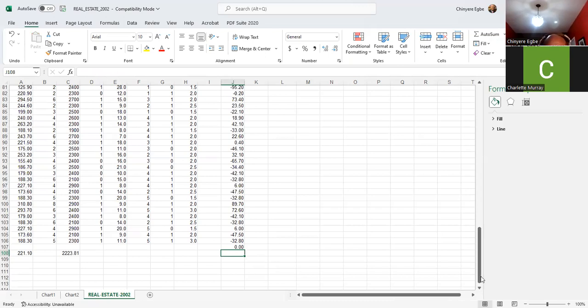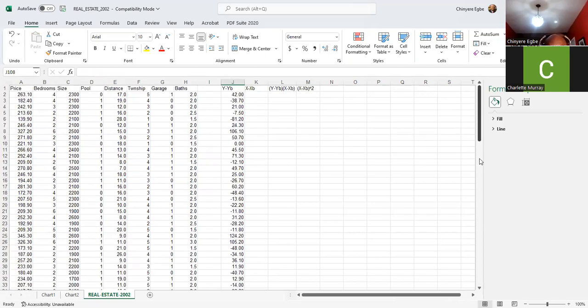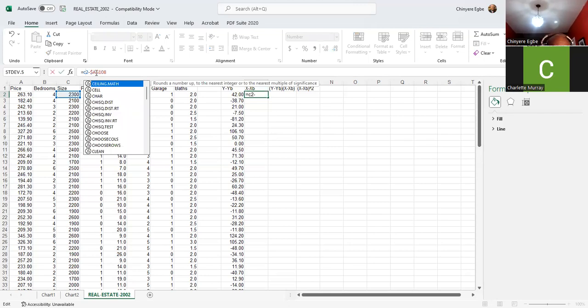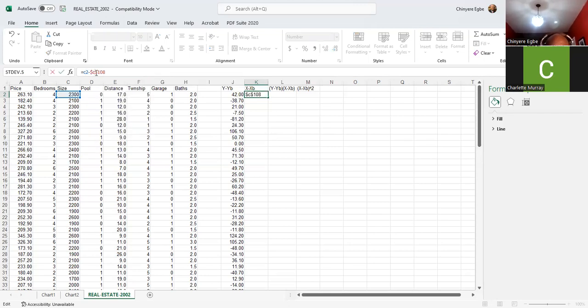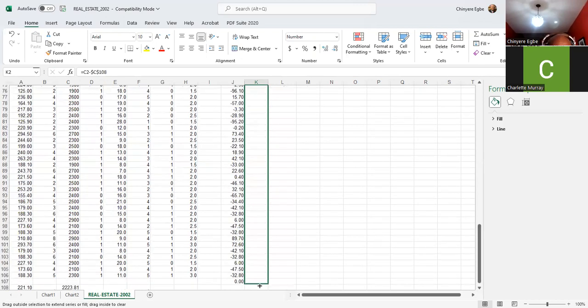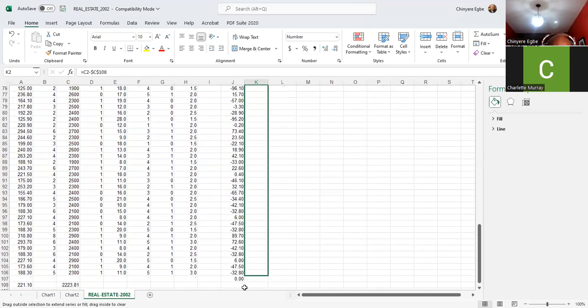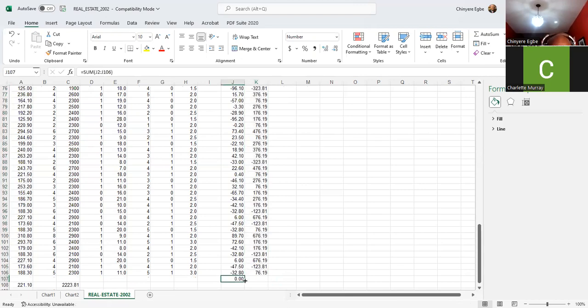And the same thing we do here: minus, okay, we're dealing with C, C2 minus $C$108. And so again, we drag down, and we see that if you do it correctly, the sum will be 0.